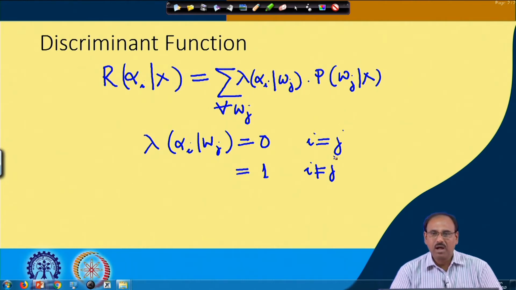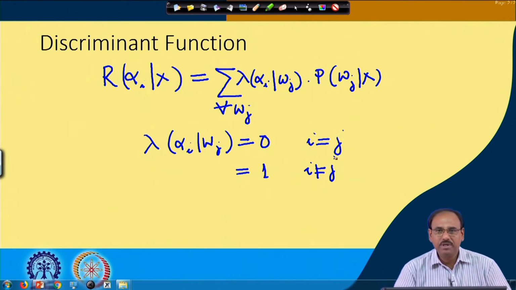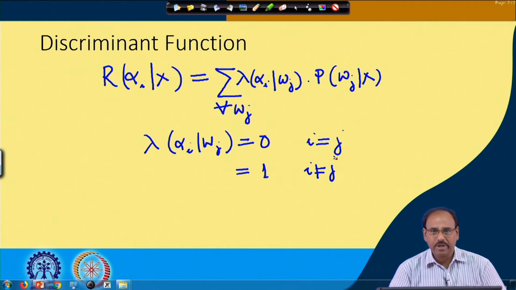For whichever i P of omega i given x turns out to be maximum, I classify x to that corresponding class. Similarly, in Bayes minimum risk classification, for every class I compute R of alpha i given x, and for whichever action the risk involved is minimum, I take the corresponding action or classify x to that corresponding class.